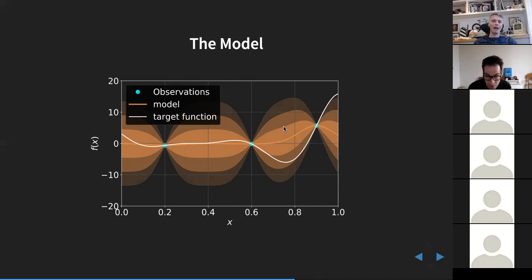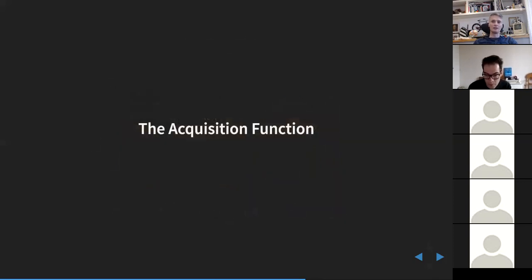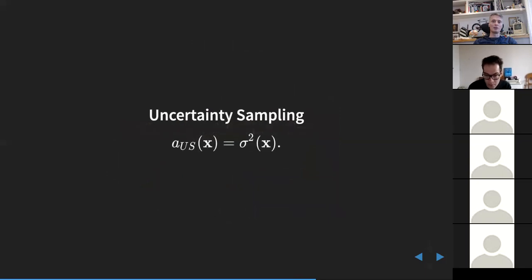If I acquire there, in effect, I'm going to reduce my uncertainty to 0 at that point, because typically, we don't use the stochastic term in the Gaussian process. So just as you see with these observations here, the uncertainty is 0. So the first obvious acquisition function is called uncertainty sampling, which is just to say that I want to acquire where the variance is highest. Now that's acquisition function 1.